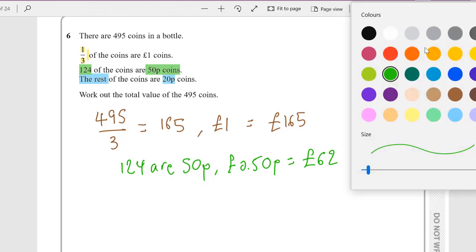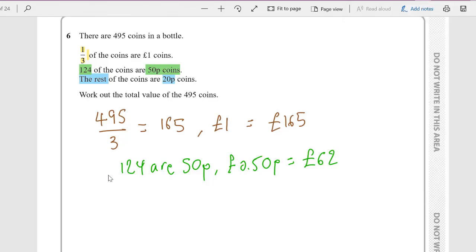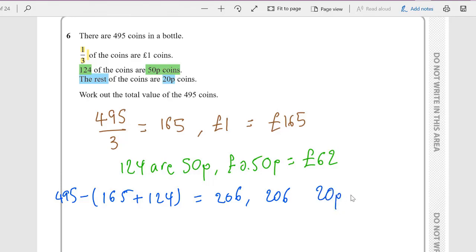And then it says that the rest are 20p. So we've got 165 plus 124, and then all of this is going to be subtracted from 495. So that will give us in total 206. So we know that 206 coins are going to be 20p coins.